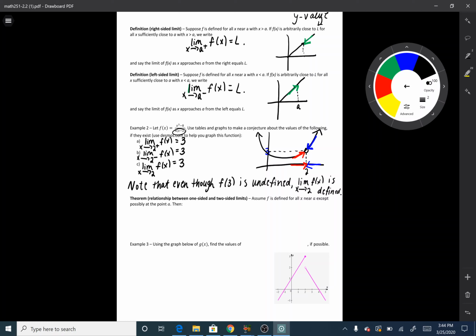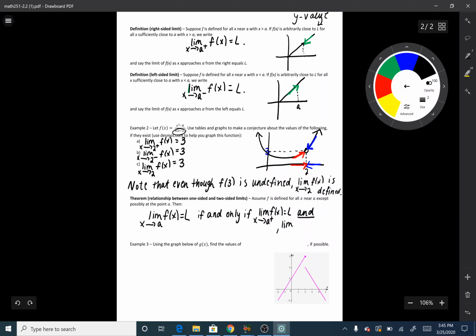Then the limit as x approaches a of f of x equals this point L if and only if the limit as x approaches a from the right of f of x equals L, and the limit as x approaches a from the left of f of x equals L. So the limit as x approaches a in general of a function is only equal to that number if the two-sided limits agree with each other.